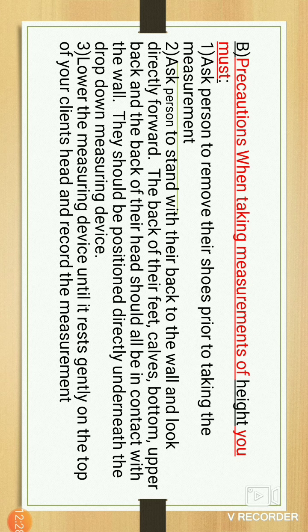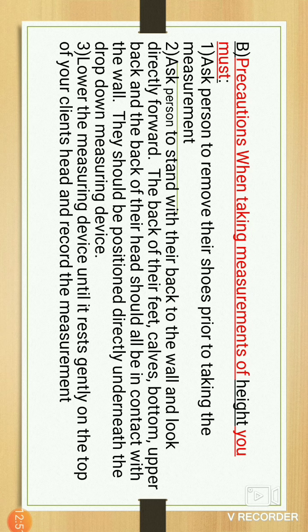They should be positioned directly underneath the drop down measuring device. Now, lower the measuring device until it rests gently on the top of your client's head and record the measurement.